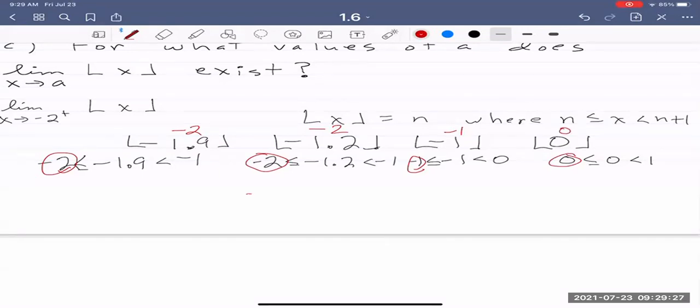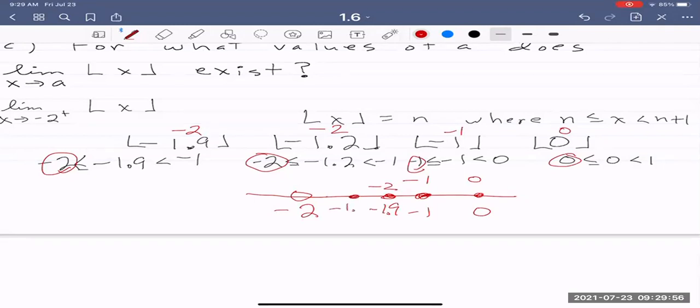So if I'm really far away, so here I am at -2. If I'm way out at 0, then the value of my function is 0. At -1, it's -1. But then when I get closer, if I'm at -1.9, it becomes -2. And if I'm here at -1.2, it's also -2.